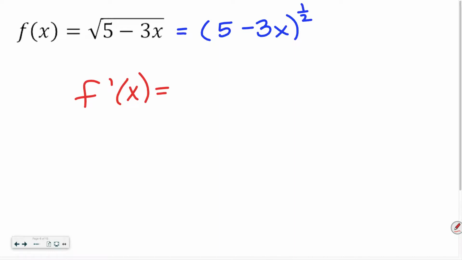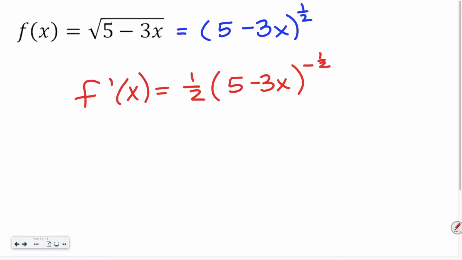So now when we take our derivative, our outside function is that 1/2 power. Well, power rule tells us drop the power and decrease it by 1. Chain rule says you better keep that inside the same, and then multiply by its derivative.